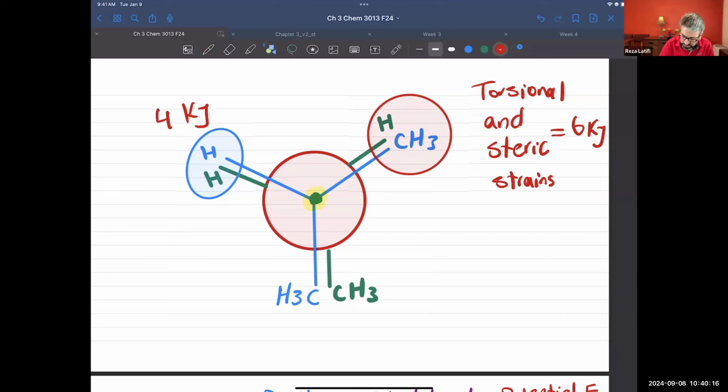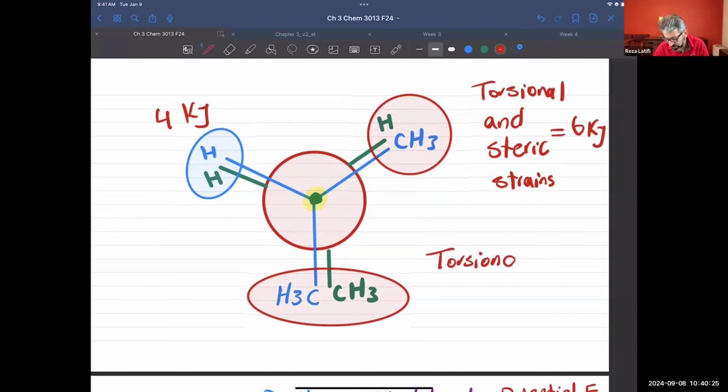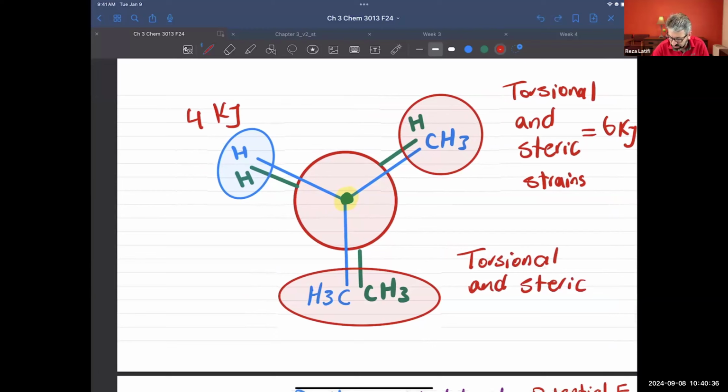And how about the last one? You have both torsional and steric strain, and that's going to make the system unstable by 11 kilojoules. So the more repulsion you have, the less stable the system will be.